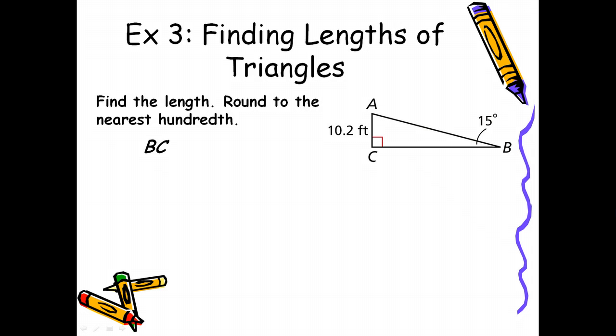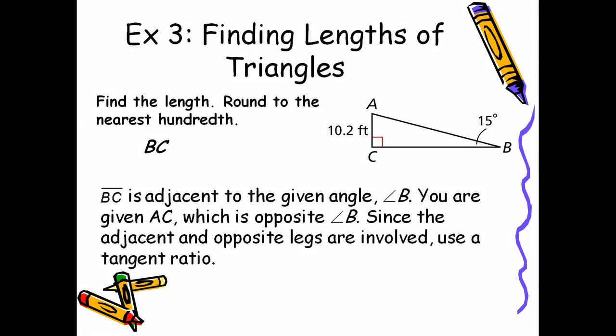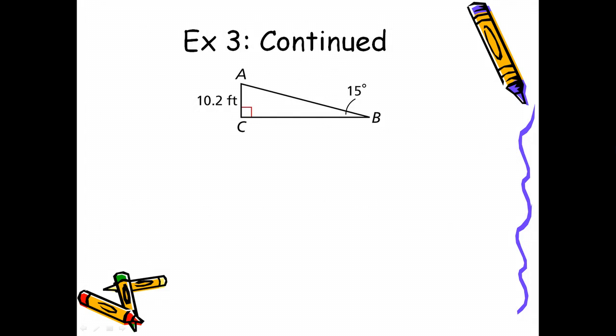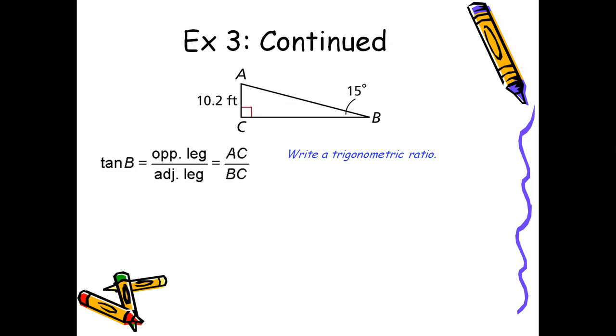Let's try using our calculator to find lengths of triangles when we don't have two sides. If we want to find the length of BC, we see that we have a right triangle and one of the angles is 15 degrees. BC is adjacent to the given angle B, and we know AC, so we want to use the tangent ratio. The tangent of B is the opposite leg over the adjacent leg, so AC over BC.